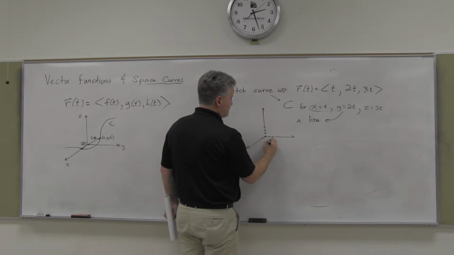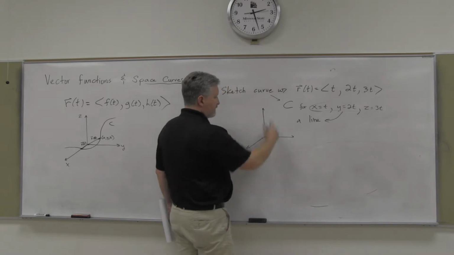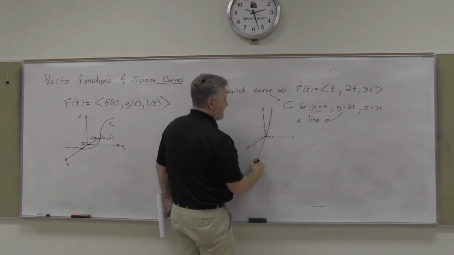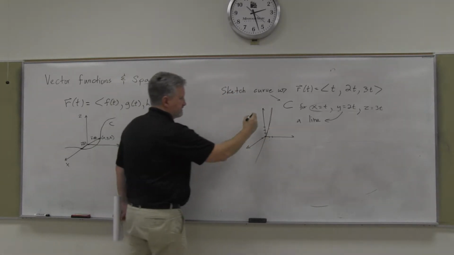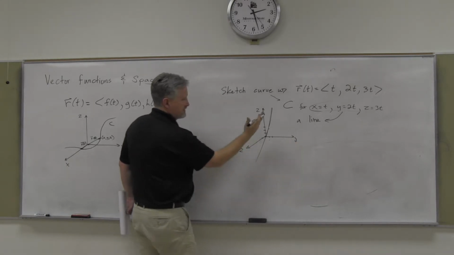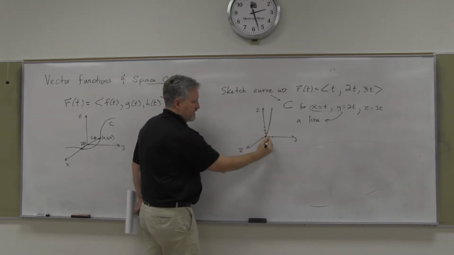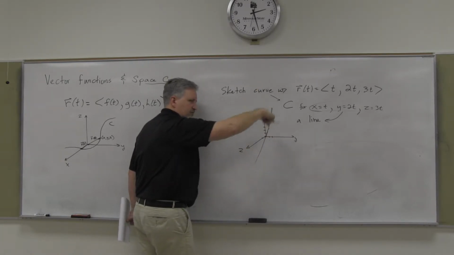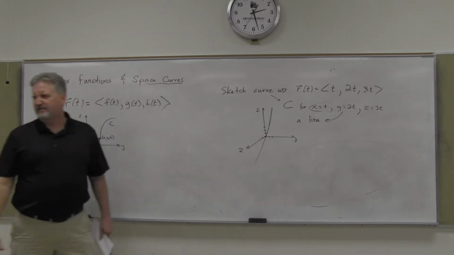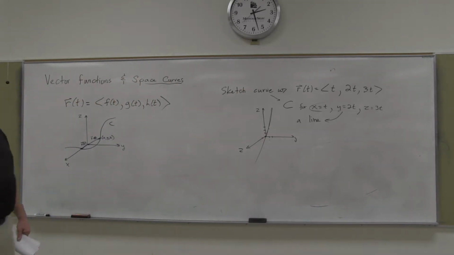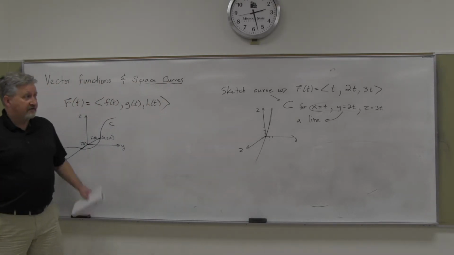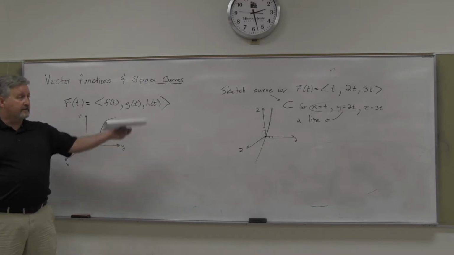So we come out to 1, then 2, and then up to 3, somewhere in there. It's kind of hard to draw in 2 dimensions, but it's just a line. It's not in the YZ plane. It's an angled line, because it's coming out here, and then angled kind of into the board, if you will. Like I said, it's hard to draw 3 dimensions in 2 dimensions. Sometimes you just get things you know what they are. In this case, it's a line.